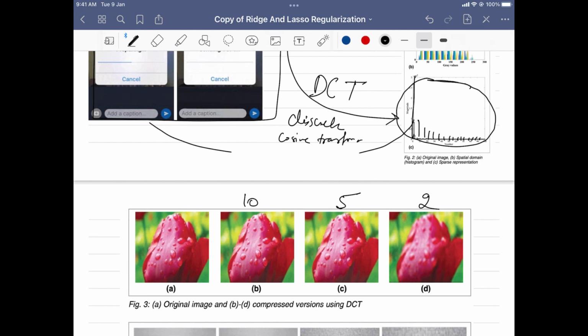So this shows you how the quality is reducing depending on how many coefficients you are retaining. But you can see that on retaining only 5 coefficients also you are getting a good image back as compared to the original image. The same quality is still there, it is not reduced. But if you keep only 2 coefficients, then you can see that the quality is reduced.